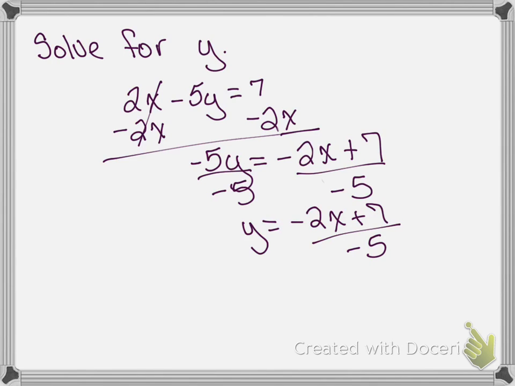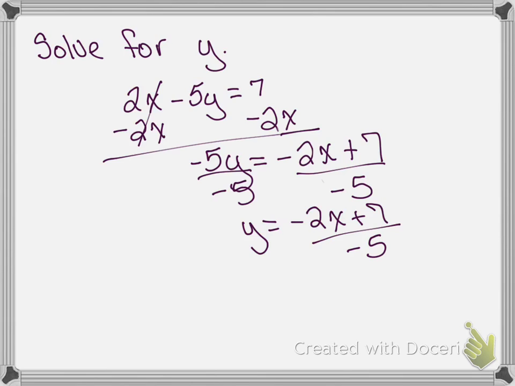It's not fully simplified because we are moving towards getting it in y equals mx plus b format. And when we put it in y equals mx plus b format, we separate that. Because when it's in y equals mx plus b format, we are typically graphing.